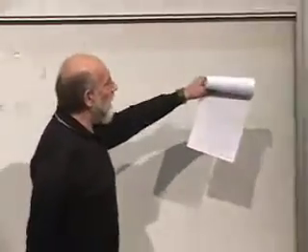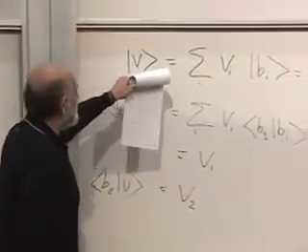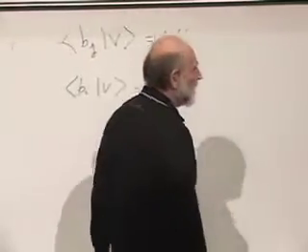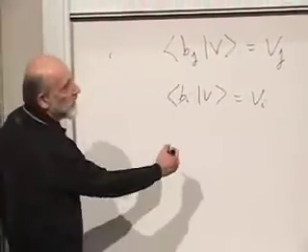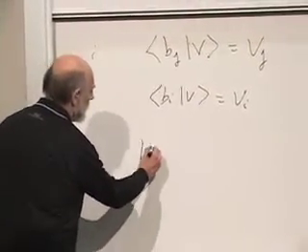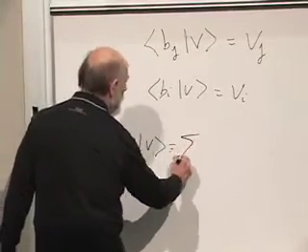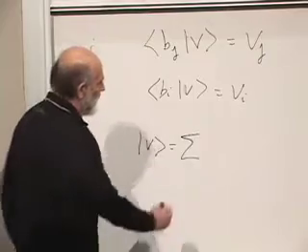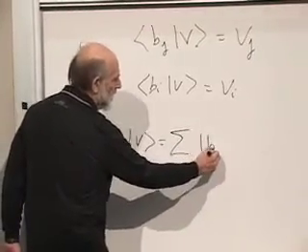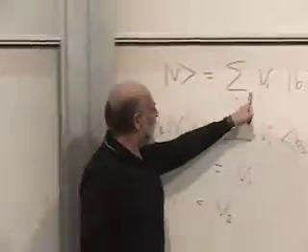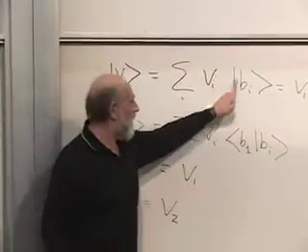And now let's rewrite this formula here, sticking in the v's that I've calculated. So let's do that. We have v is equal to a sum. Now I'm going to start by writing bi here. You asked me earlier whether there's any significance to whether I put the vi on this side or on that side.